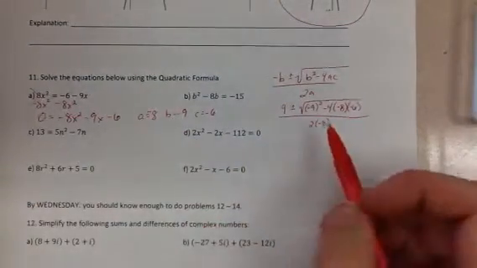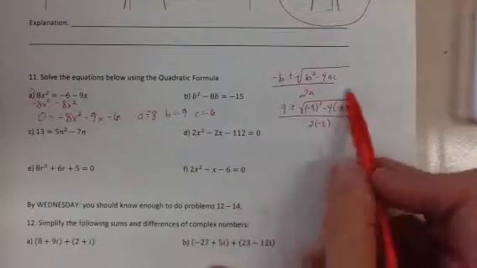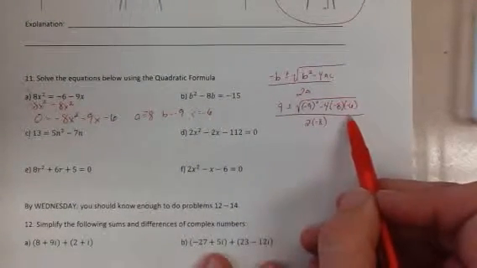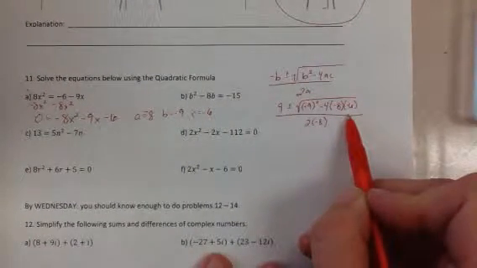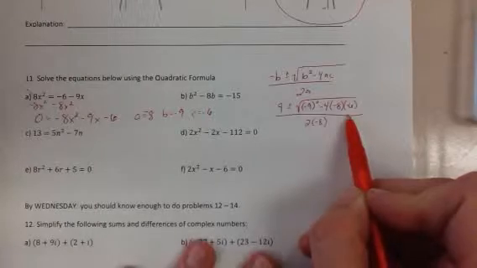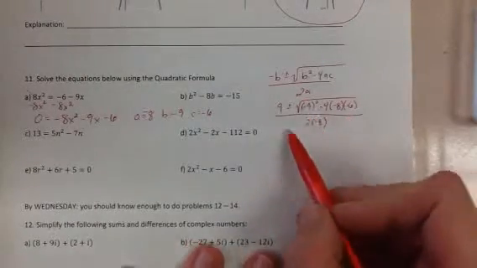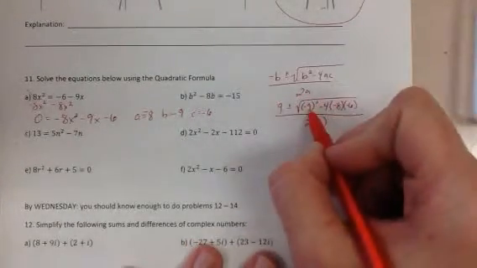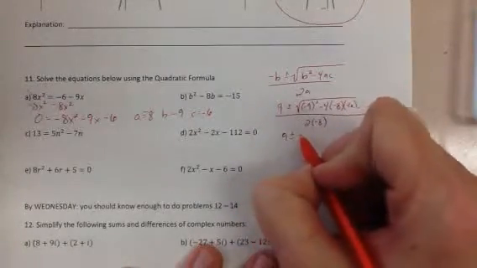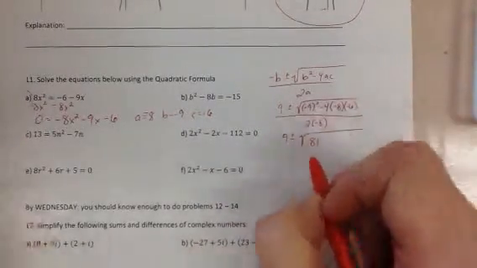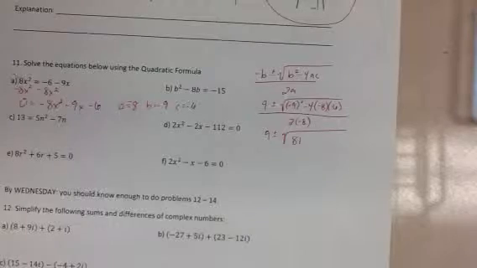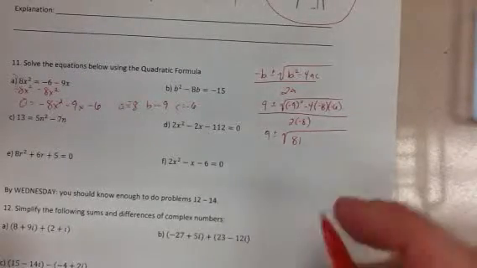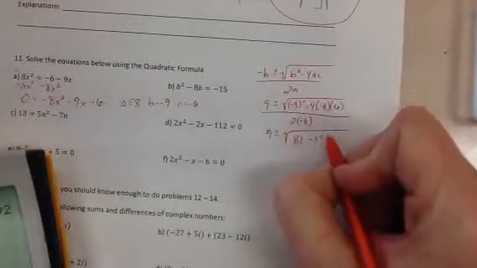Okay, so now we have it substituted, and it's just order of operations from here, right? I need to do 9 squared first. So 9 plus or minus the square root of 81. And then I'm going to do negative 4 times negative 8 times negative 6, and so that's negative 192.